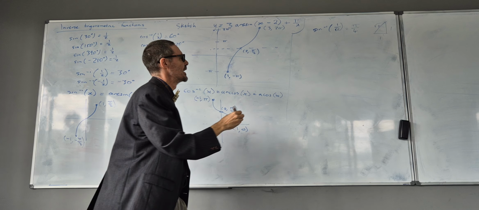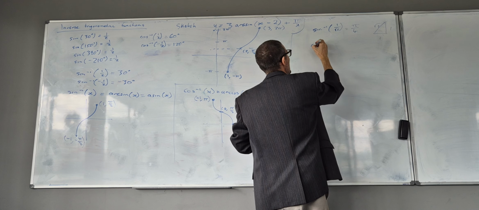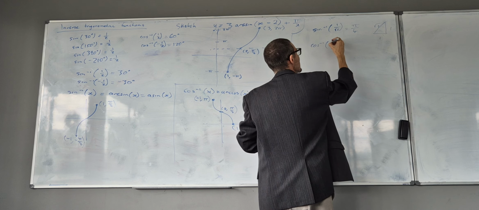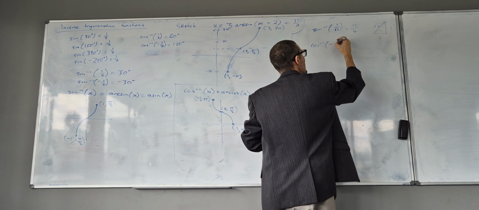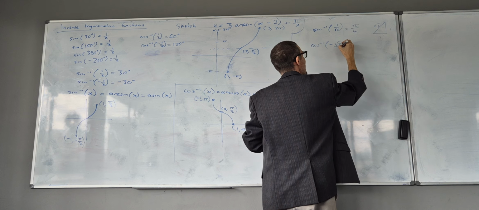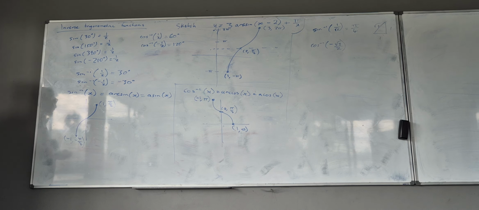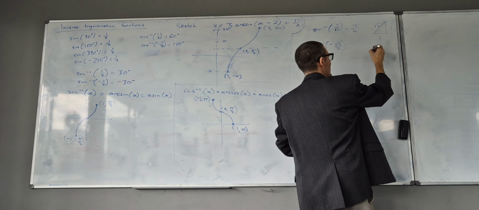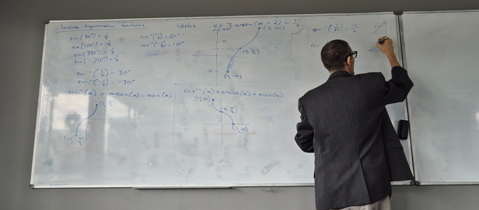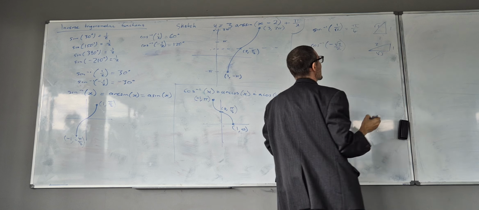What is cos to -1 of negative root 3 on 2? It's tricky. You know which triangle we're talking about? 1, 2, root 3.